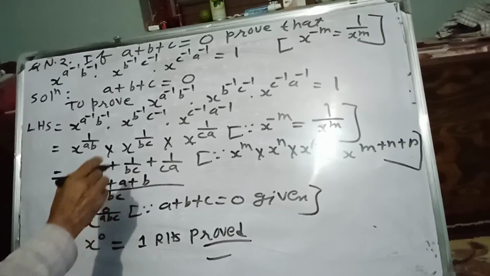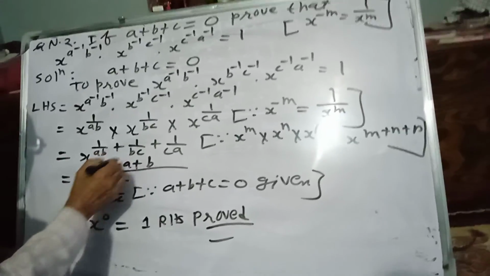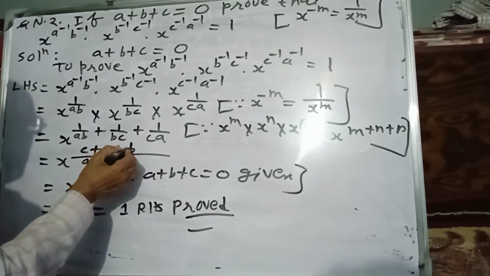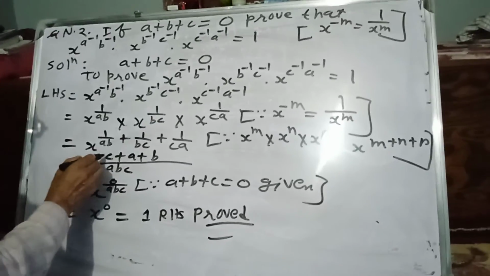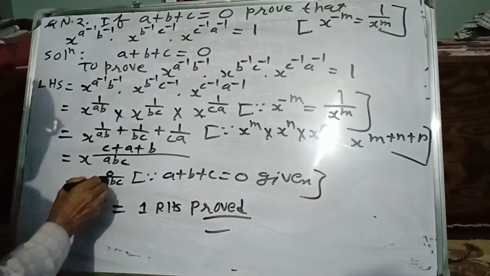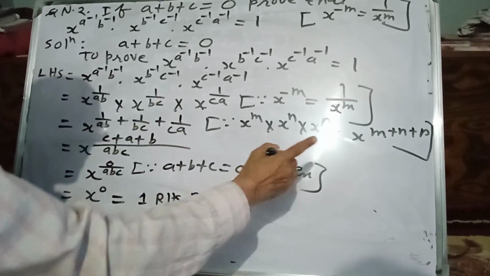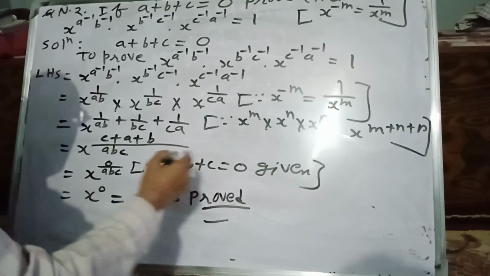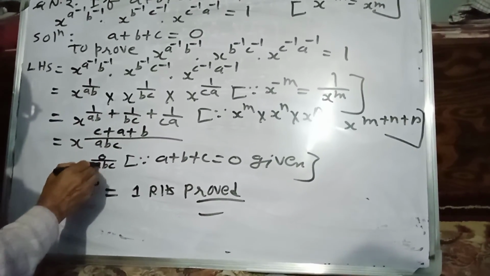abc is the LCM. Divide abc by ab, c. Plus bc, a. Plus ca, b. a plus b plus c equals 0, which means c plus a plus b is also 0. By the commutative law, a plus b plus c, b plus c plus a, c plus b plus a, c plus a plus b, you can write in any form: x to the power 0 by abc.